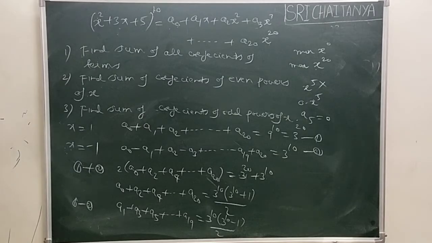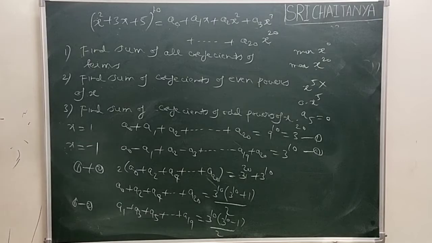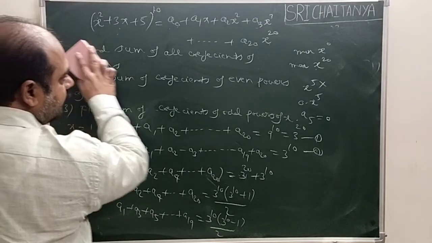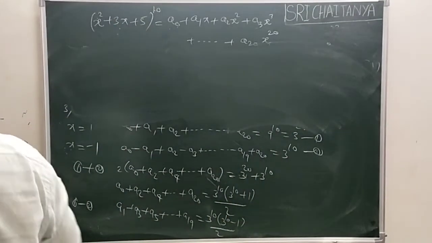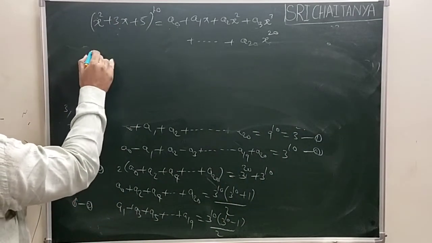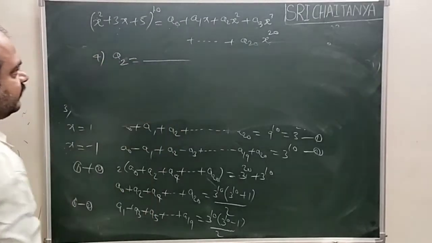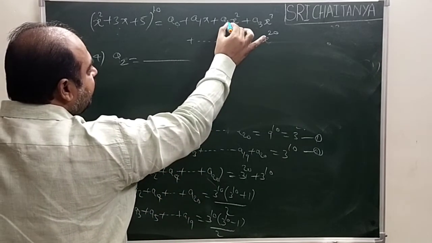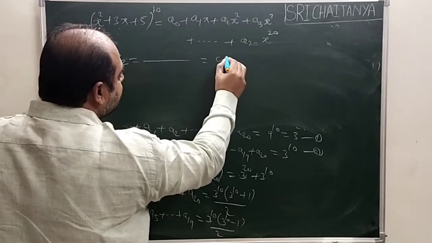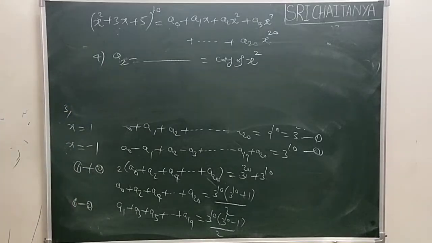Suppose the expansion is given like this, and in this fourth question he asks for a2 equal to dash. You have to understand that a2 is the coefficient of x square.